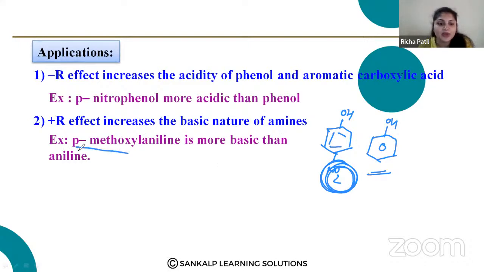So para-methoxyaniline is more basic than aniline, because of the presence of the methoxy group at the para position. So these are the applications of the mesomeric or resonance effect.